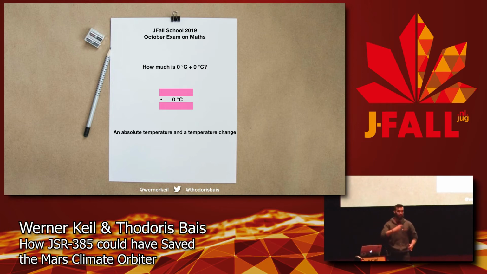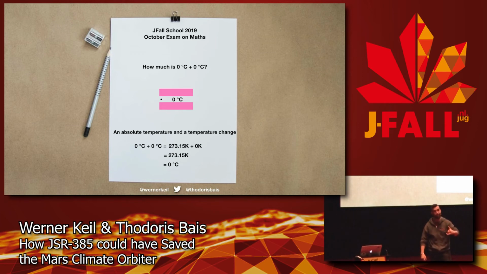However, when we are talking about a temperature change, 0 degrees Celsius means 0 Kelvin, right? So the sum of 2 times 0 degrees Celsius for this particular case would be nothing else than, of course, 273.15 Kelvin, which in turn gives us 0 degrees Celsius.